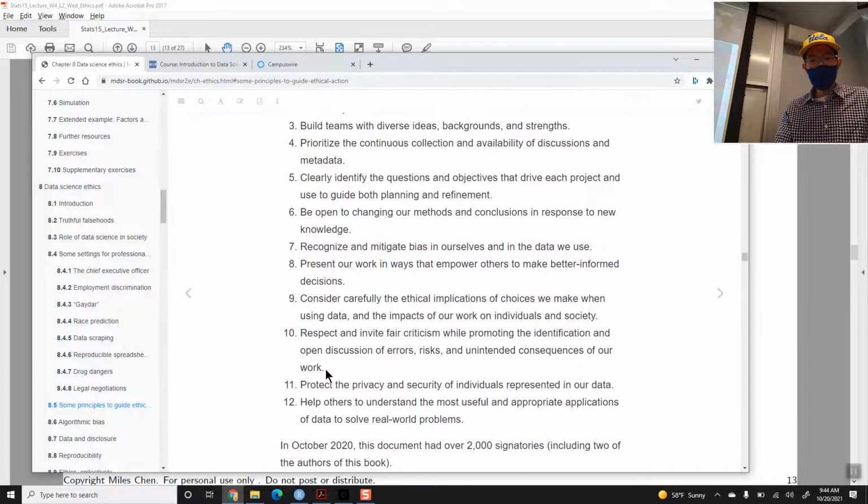Okay, number three, build teams with diverse ideas, backgrounds, and strengths, okay? If you work only with people that think like you, then your solution might not consider other viewpoints and other values from other parts of the world, and sometimes that means working with people that you disagree with, right?